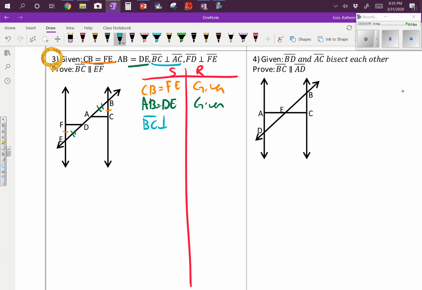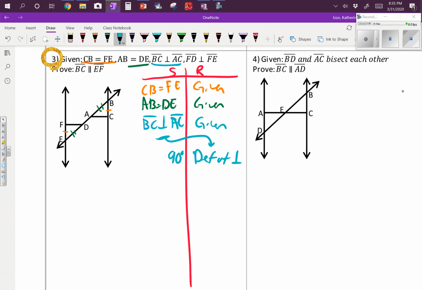BC is perpendicular to AC. Given. Okay, we've got perpendicular on the board. Definition of perpendicular means there's a 90-degree angle somewhere. You need to find the 90-degree angles. That's what perpendicular means. Remember, that's perpendicular, not bisects.